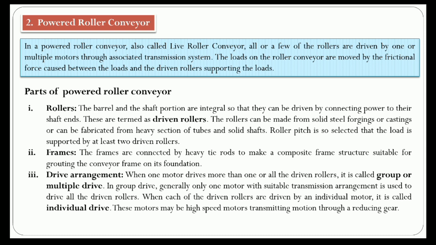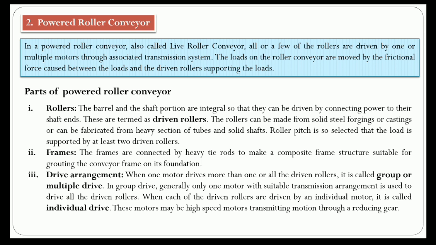The design of the frame largely depends on the drive system which is employed in the powered roller conveying system. The next thing is the drive arrangement, which differentiates the powered roller conveyor from the unpowered roller conveyor. When one motor drives more than one or all driven rollers, it is called group or multiple drive.